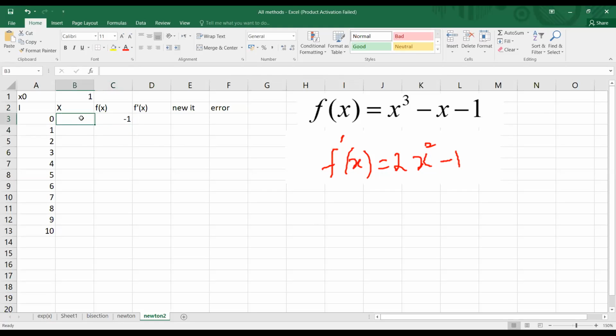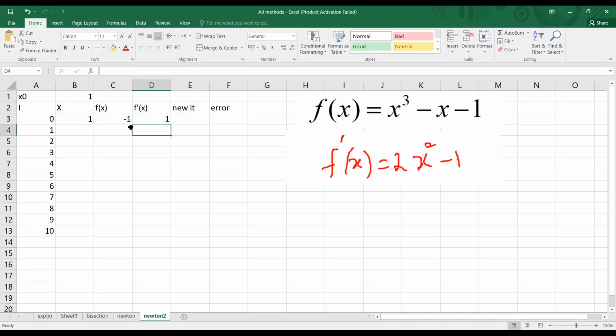Because this number is 1, I have to put this initial value here. Now we have to calculate the derivative of this function. The f dash x formula will be 2 multiplied by x square, where x square means 1 square, and then minus 1. This is the derivative.